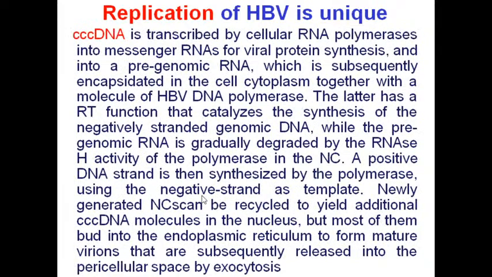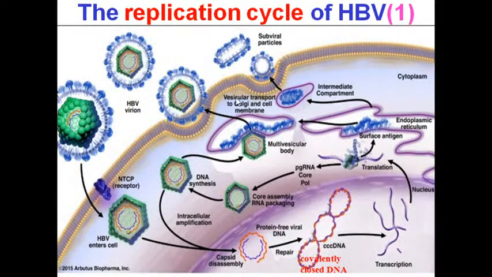Then what happens? These DNA molecules can be transcribed by cellular RNA polymerase into messenger RNA. See, the messenger RNAs are formed here, mRNAs. And then from the nucleus, these messenger RNAs can be taken for translation into the cytoplasm on the ribosomes.